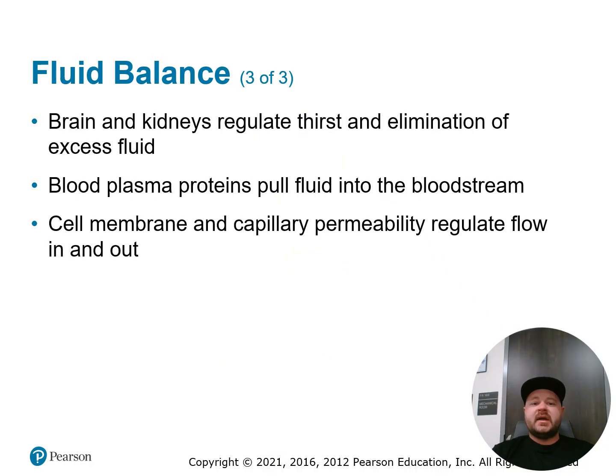Our brain and kidneys regulate thirst and elimination of excess fluid. As long as everything's functioning correctly, our brain and kidneys do a great job of fluid regulation. Blood plasma proteins pull fluid into the bloodstream, and our cell membrane and capillary permeability regulate flow in and out.